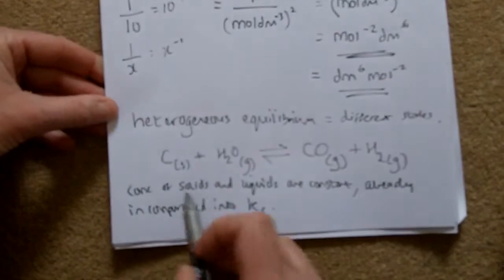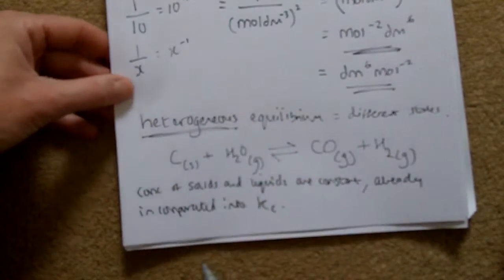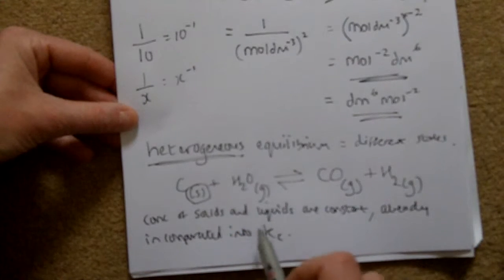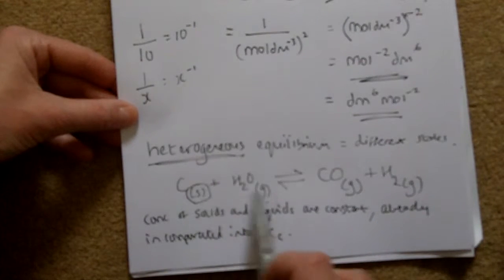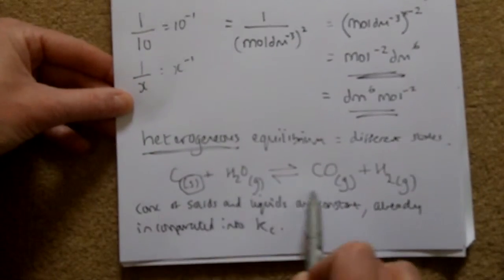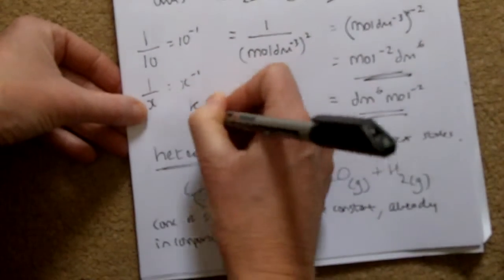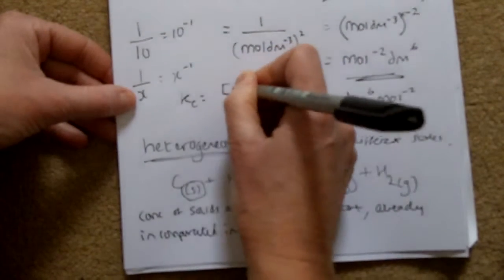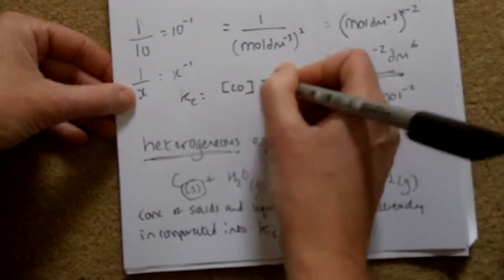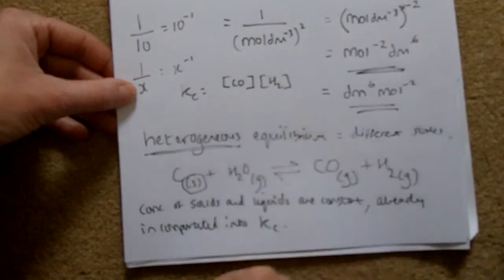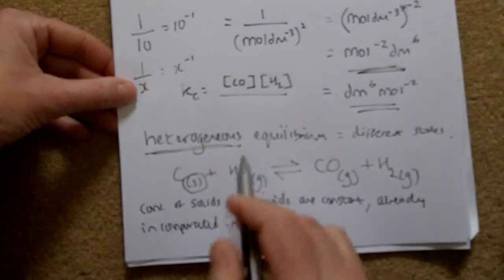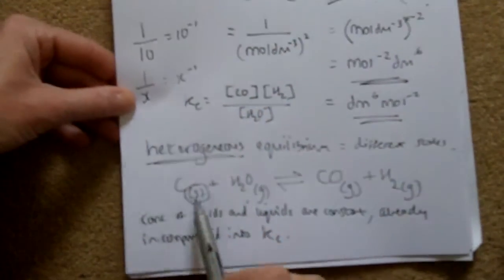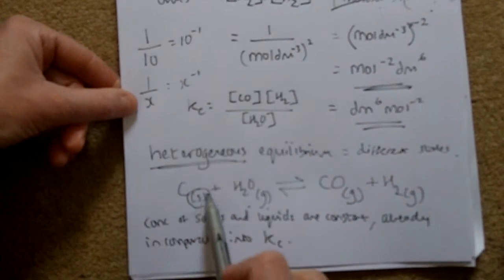So for the example of a heterogeneous equilibrium, you ignore the solids and the liquids. If you were to write the expression for Kc for this, you would write Kc equals the concentration of CO times the concentration of H2 over the concentration of H2O, and ignore the concentration of the solid.